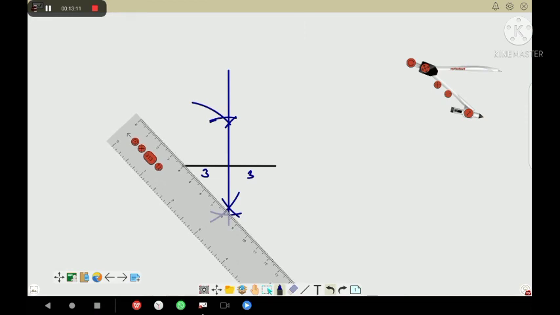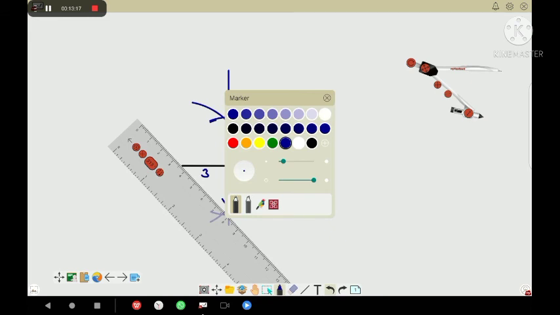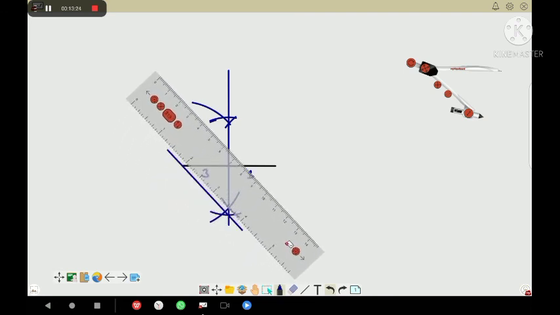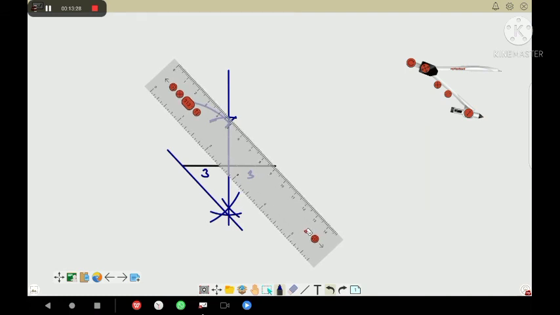First we draw one diagonal, then the perpendicular bisector, then we add these points.